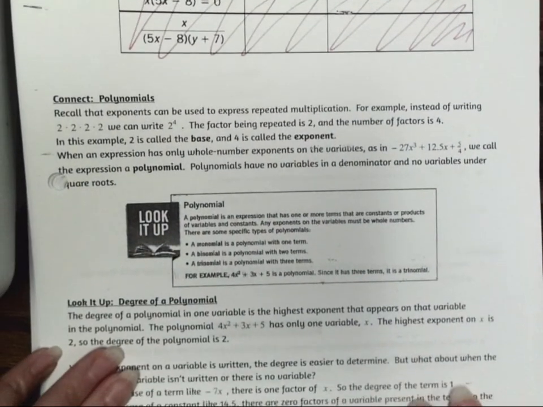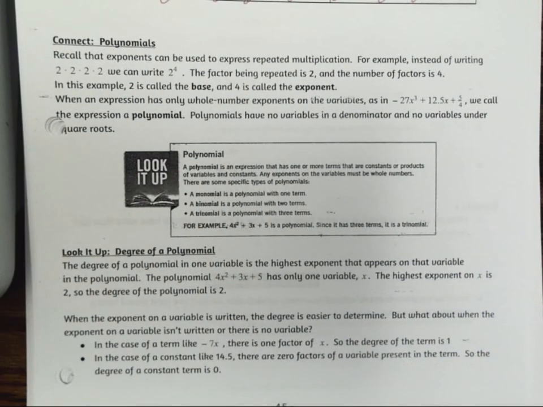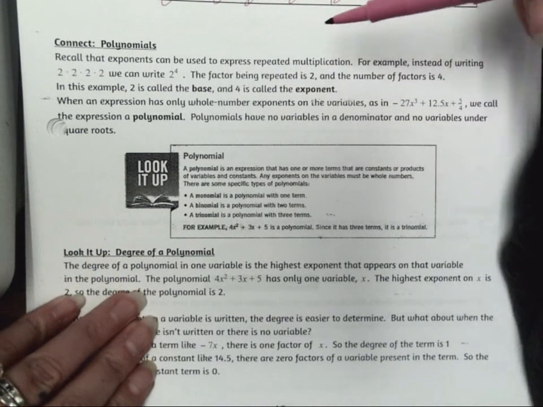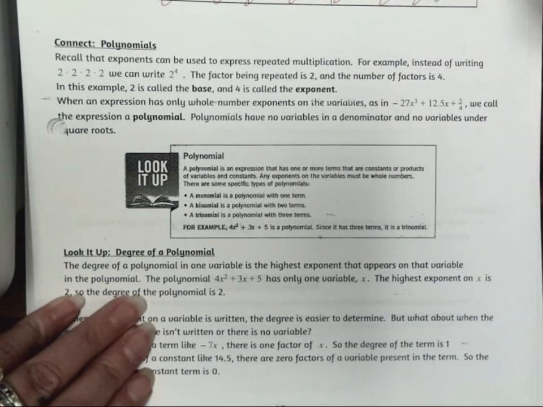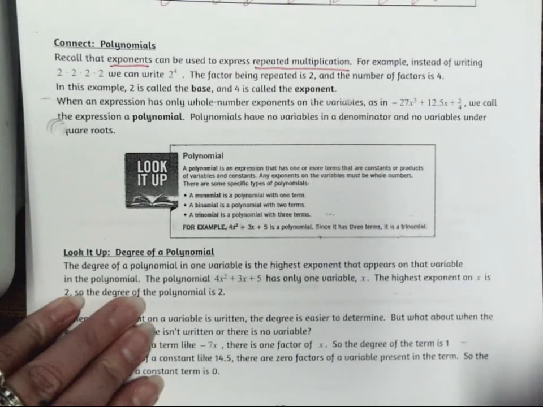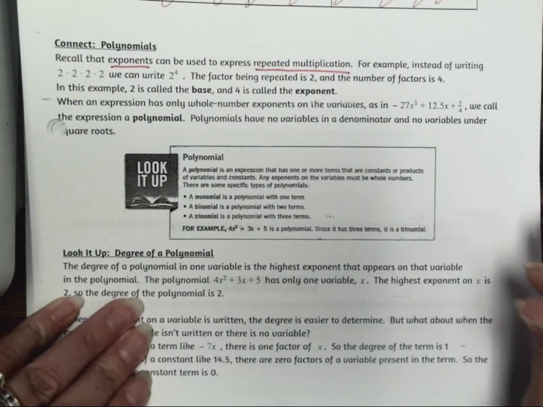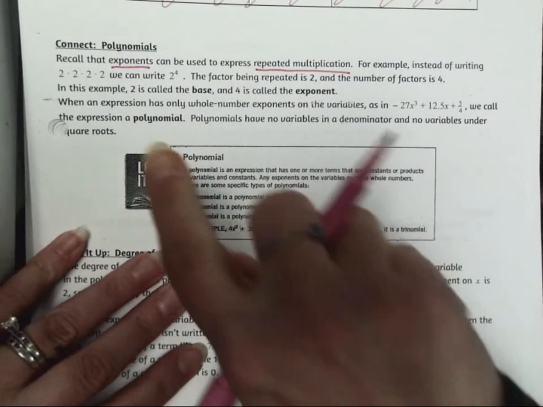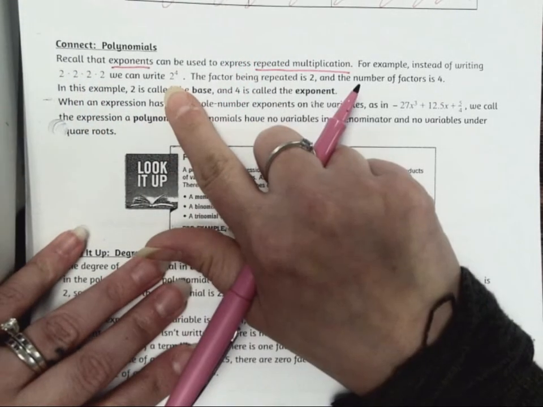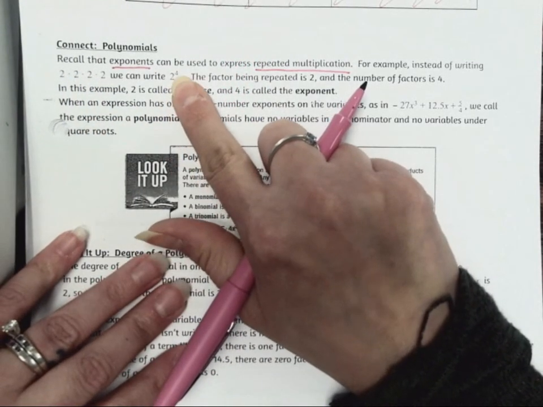All right. The next thing that we're going to be looking at is polynomials. So recall that exponents can be used to express repeated multiplication. So for example, instead of writing 2 times 2 times 2 times 2, we can write 2 to the power of 4.